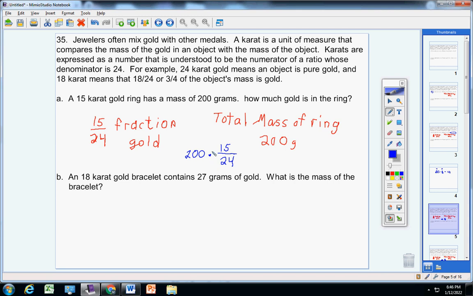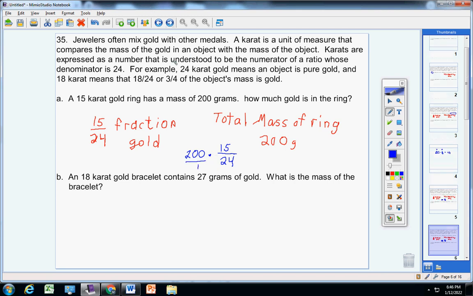Of course, the 200 goes over 1, and 8 goes into both of these numbers, so your 24 becomes a 3, and your 200 becomes a 25. Now we multiply. 25 times 15 is 375, and 1 times 3 is 3.